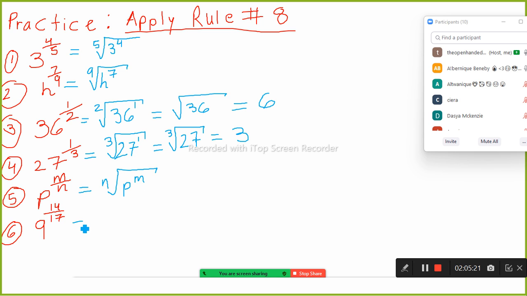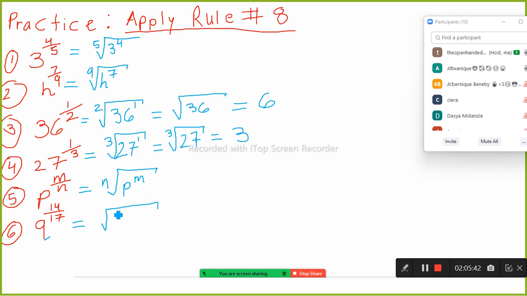Al20, can you help me with number 6? So I got the n root. Number 6. I got the radical.